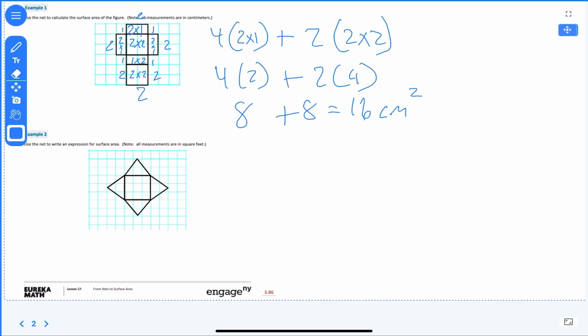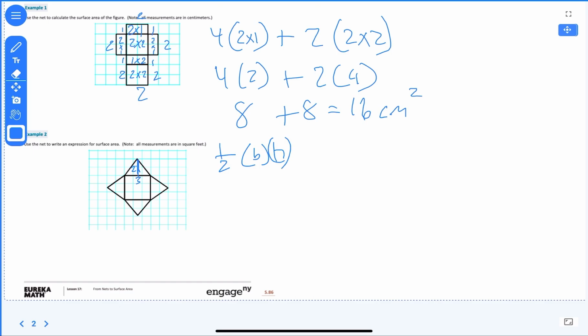All right, so what I would do is I have this as the height, right? What is the height? What's the height? 2. What's the base? 3. Now, if I know that a triangle is half the base times the height, right?